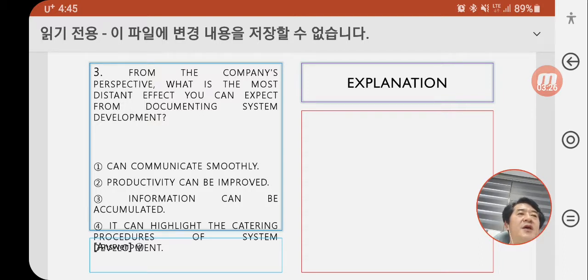Number 3, information can be accumulated. Number 4, it can highlight the catering procedure of system development. What is the most distant answer? Number 4 is the answer.